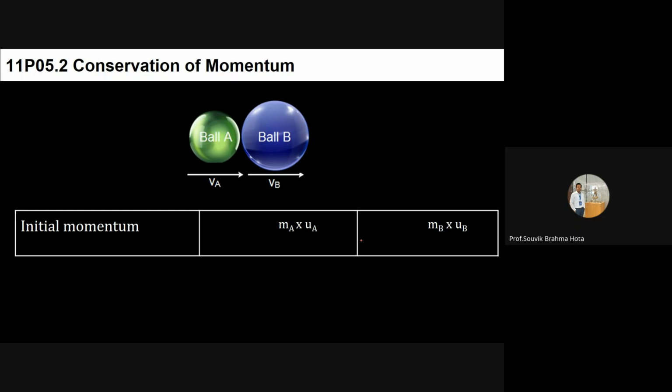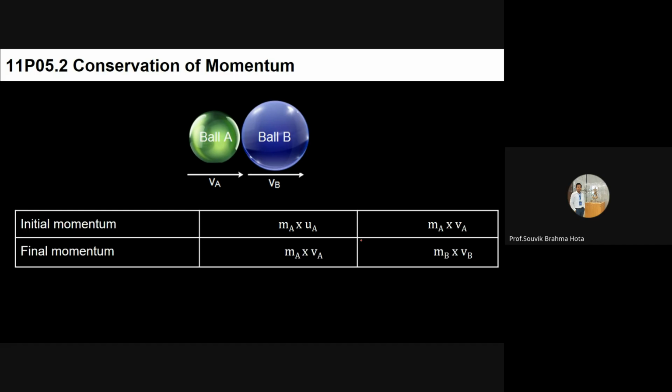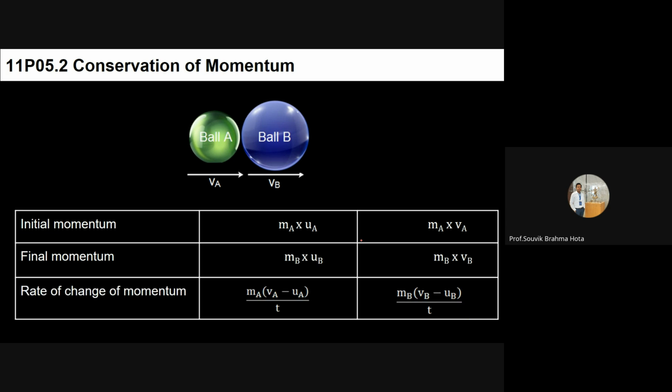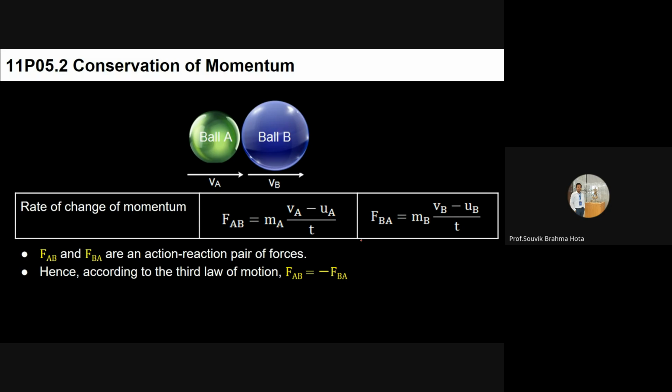Then initial momentum is mA uA and mB uB. Final momentum is mA vA and mB vB. So the rate of change of momentum is mA (vA minus uA) by t, and mB (vB minus uB) by t. So from that concept, you get the rate of change of momentum FAB and FBA. FAB and FBA are an action-reaction pair of forces. So from the third law, FAB is equal to minus FBA.